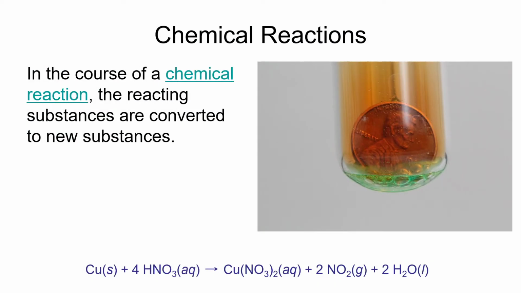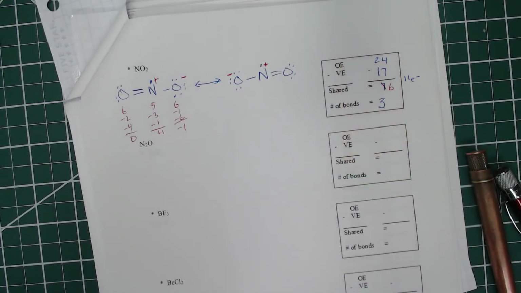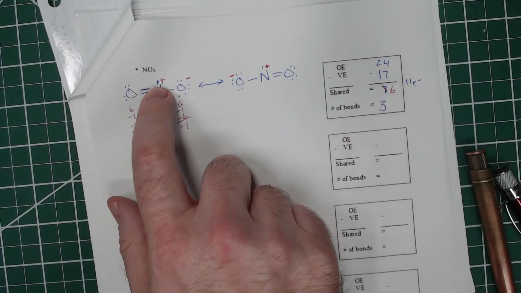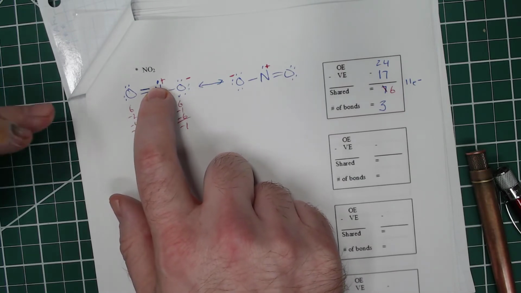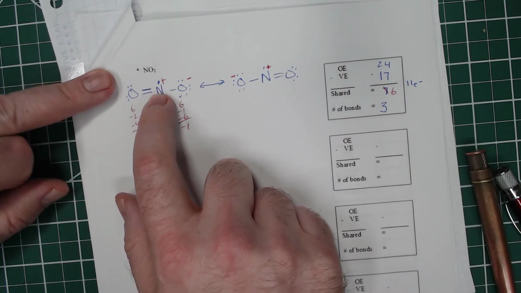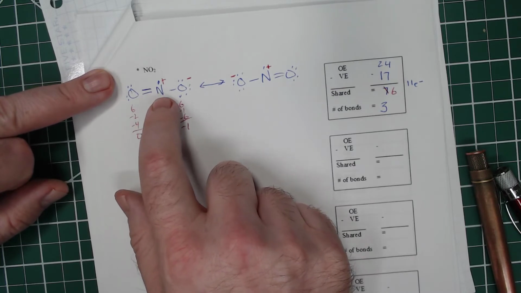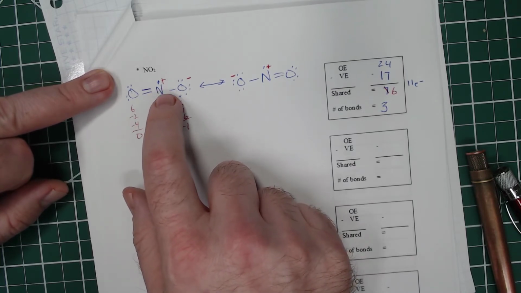We saw the reaction where we took a penny and put it into nitric acid, and we got nitrogen dioxide gas, that brown gas that comes off. Well, that gas is really, really dangerous to breathe, and the reason is because it's a free radical. You'll see that there is an unpaired electron on the nitrogen, and that unpaired electron makes it really, really reactive.